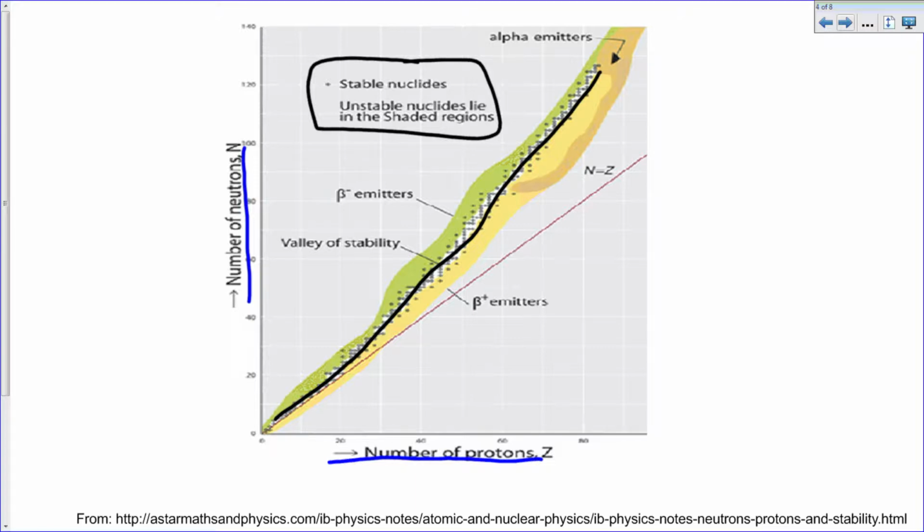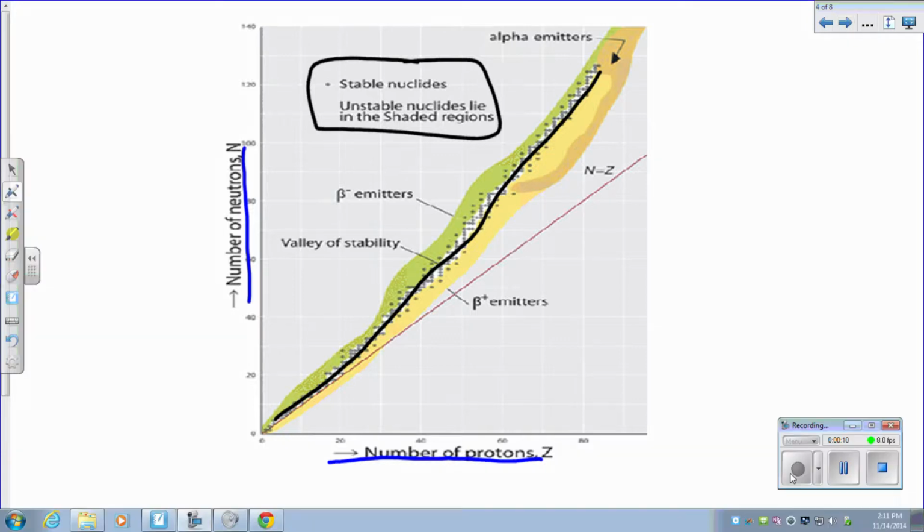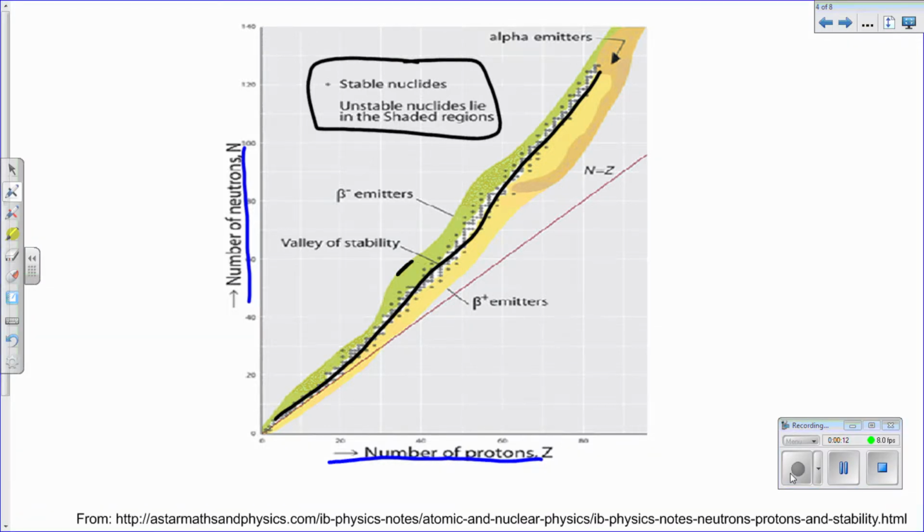Our green line, it looks like there are more neutrons than there are protons, and those would be considered unstable nuclei. Those neutrons have a hard time sticking with the protons in the nucleus because there are too many. The yellow line below the area of stability shows nuclei that have too many protons. They have the opposite problem of the ones we just discussed, but the result is the same.